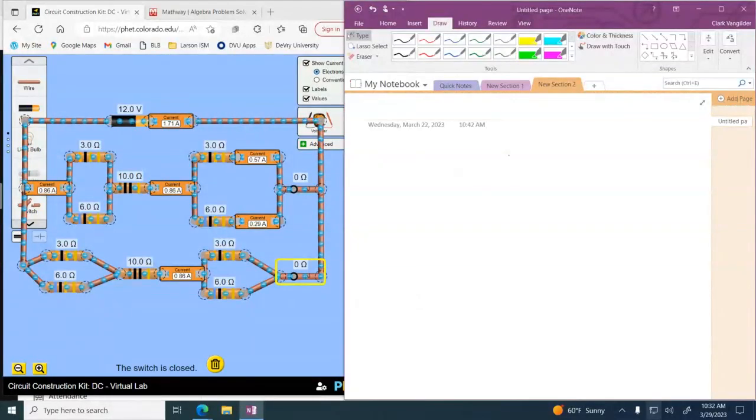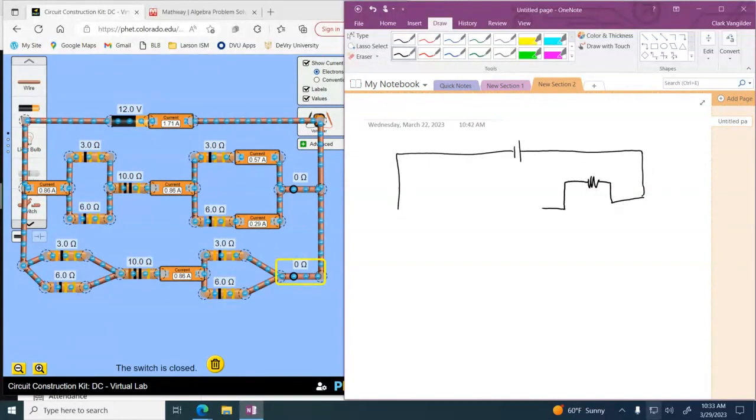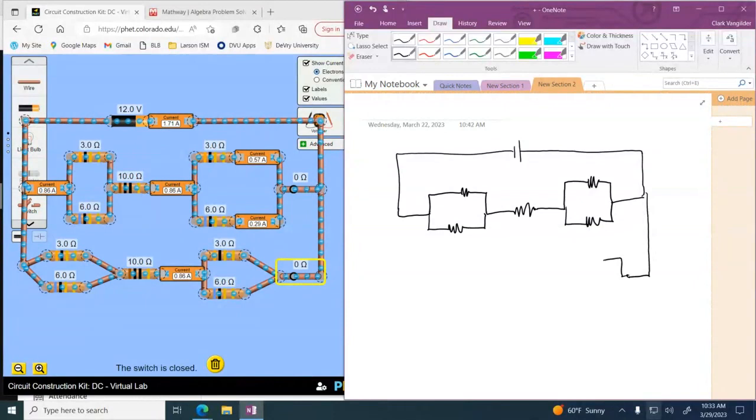So we would have this circuit drawn as such, and then repeating that down below.